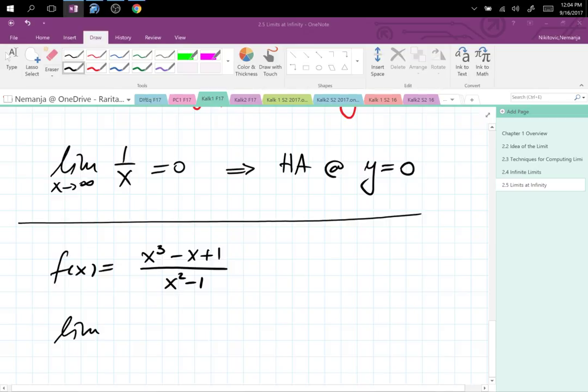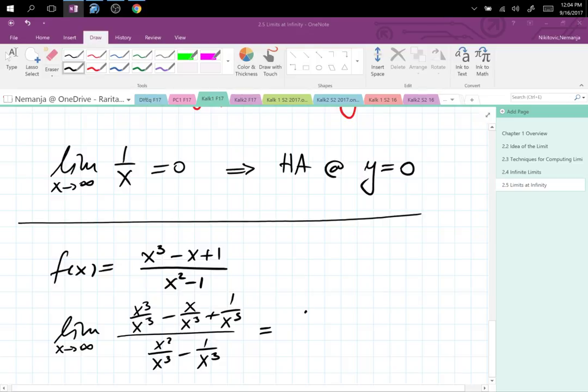So we employ our limit, x goes to infinity, to try and solve this. So x cubed divided by x cubed, minus x divided by x cubed, plus 1 divided by x cubed, over x squared divided by x cubed, minus 1 divided by x cubed. You see that you get 1 over 0.